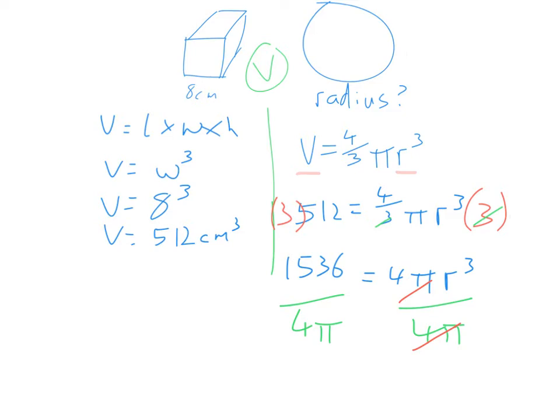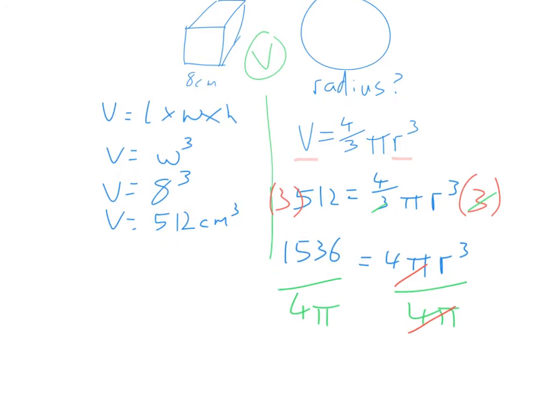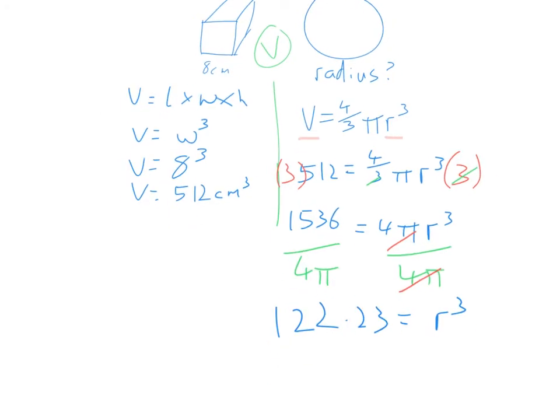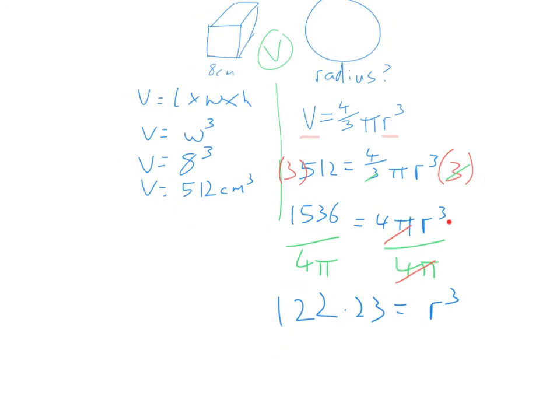So 1536 divided by 4 pi gives us 122.23, and we'll just leave that to 2 decimal places. On the right hand side, 4 pi r cubed divided by 4 pi cancels out to just give us r cubed.